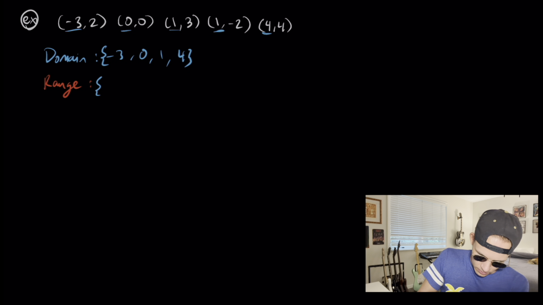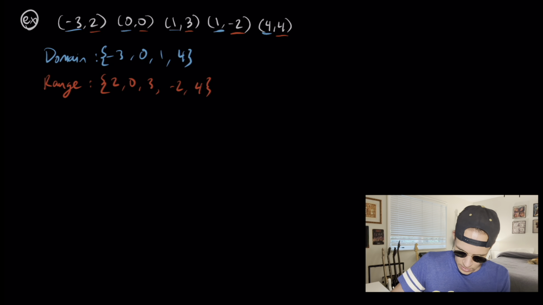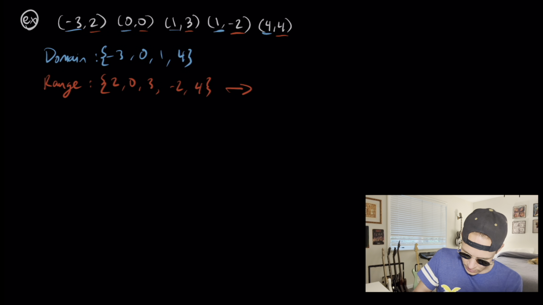And then for our range, our range is going to be 2, 0, 3, and -2, and 4. Okay, and why don't we write these out in order from smallest to largest.